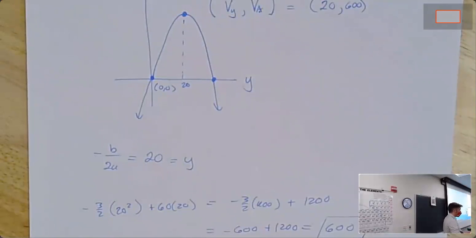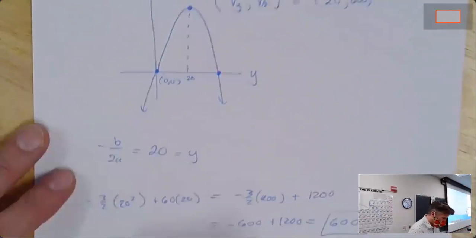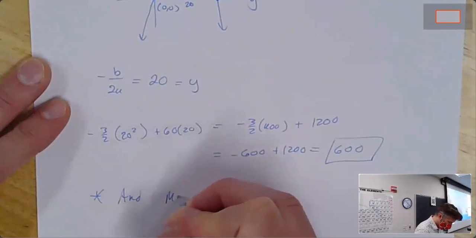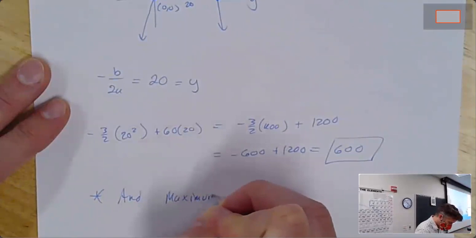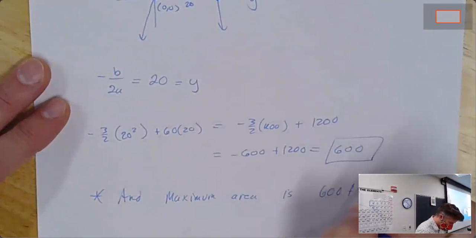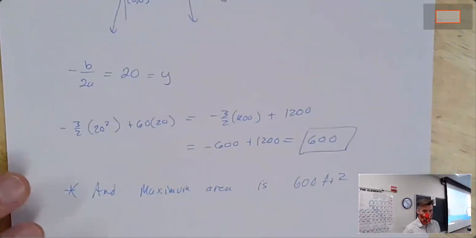Right, but this question didn't actually ask us to find that. We could also have said, by the way, the maximum area is 600 feet squared. We also could have said that after we found x and y. Right? So we know x is 30 and y is 20. 30 times 20 is 600 square feet.